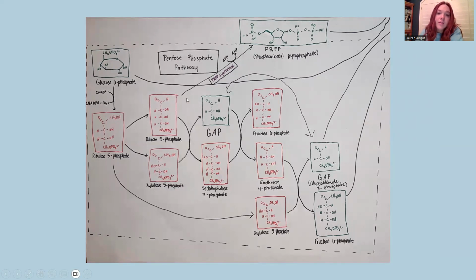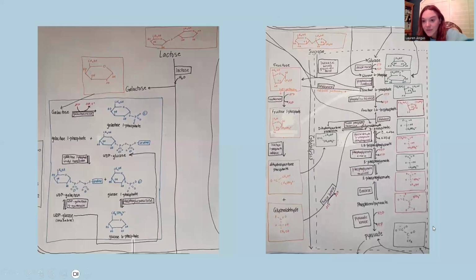And then it can also be turned into PRPP through PRPP synthetase. We're going to put that on pause because the rest of this pentose phosphate pathway, like the GAP and fructose 6-phosphate, will feed back into glycolysis or gluconeogenesis. So it gets added in down there.